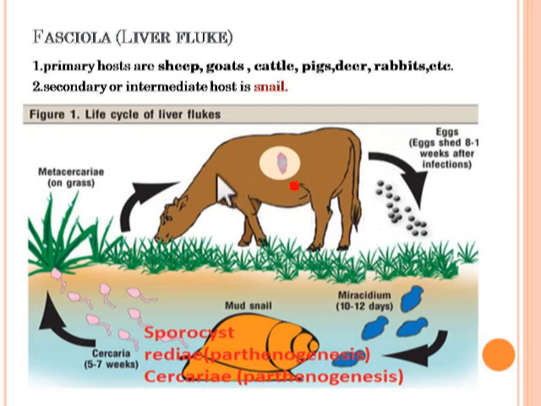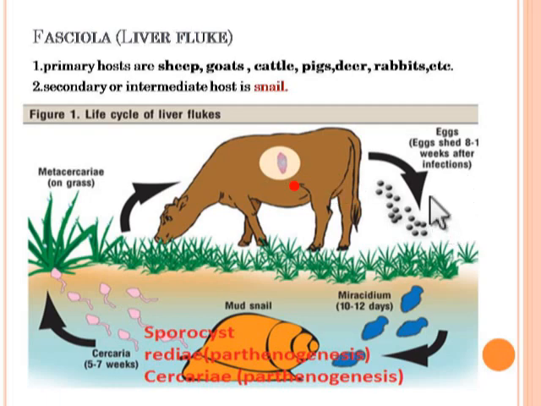Here is a cattle which is eating the grass, and by means of grass, metacercariae, that is the larval stage of Fasciola hepatica, is eaten by the animal, and it is present in their body. This will be excreted in the feces of the particular cattle.